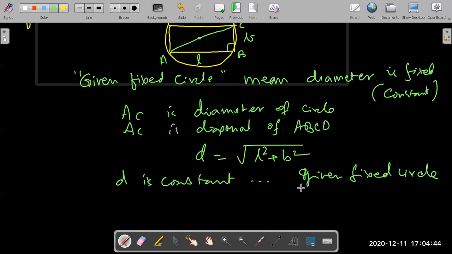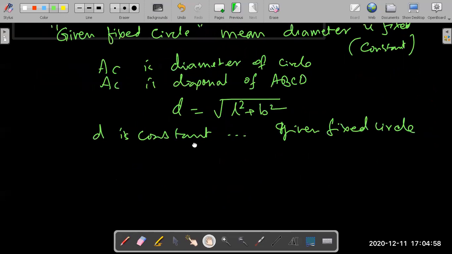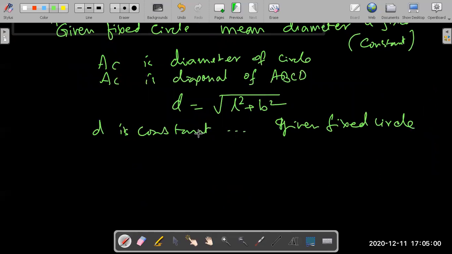So he said this is a given fixed circle, and of all rectangles inscribed in the given fixed circle, the square has the maximum area. That is what we need to prove. So once this is fixed, I have to differentiate this, and from that you calculate what must be the length and what must be the breadth.